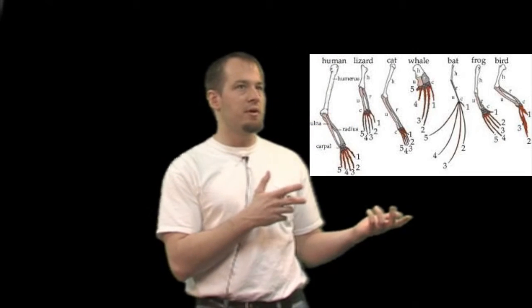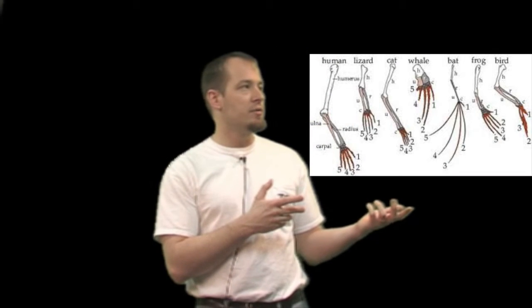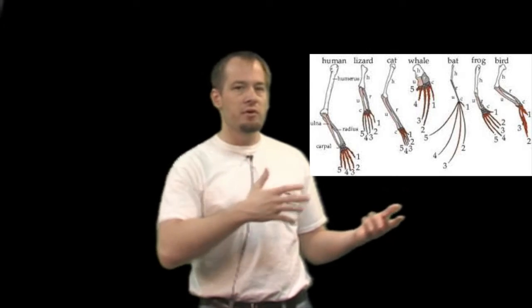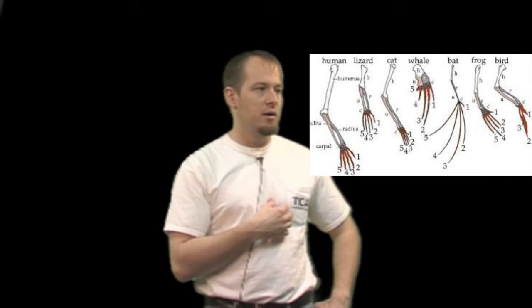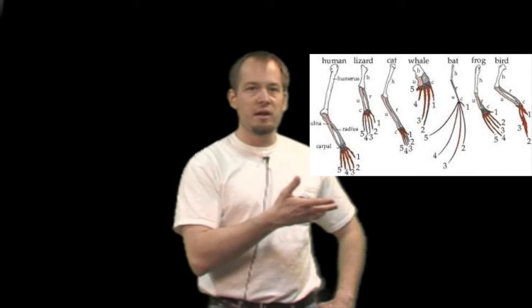Here's an example of the homologous structures. You can see the different forelimbs, the front leg of these different creatures. Some fly, some swim, some walk, some climb.